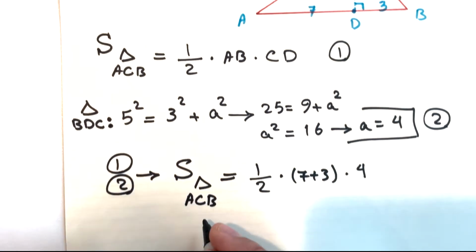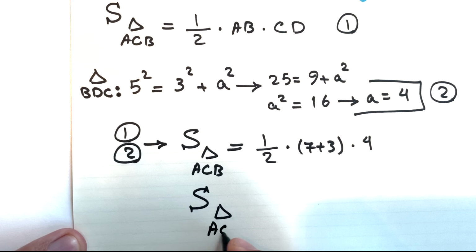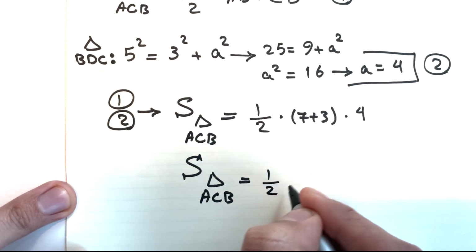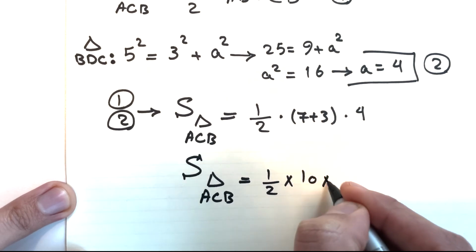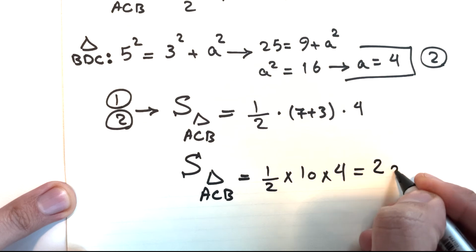So the area of triangle ACB is equal to 20.